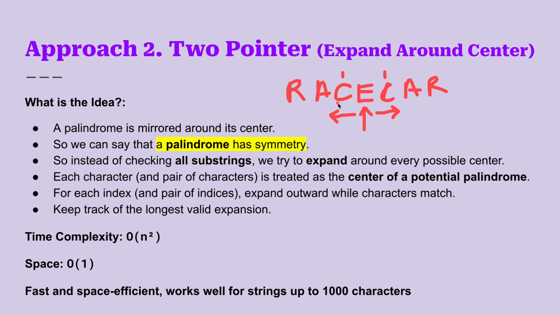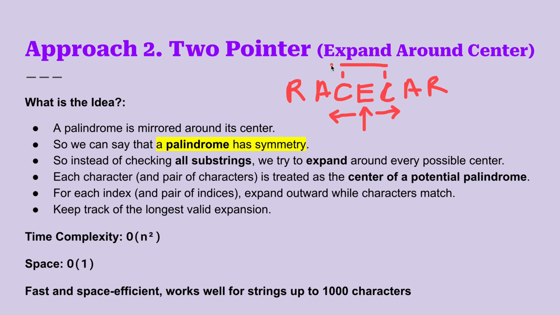Can we say that these two characters are equal? So from here to here, it's a palindrome, because we have considered the E character at some index, and this index is the center for this palindrome, C, E, C.